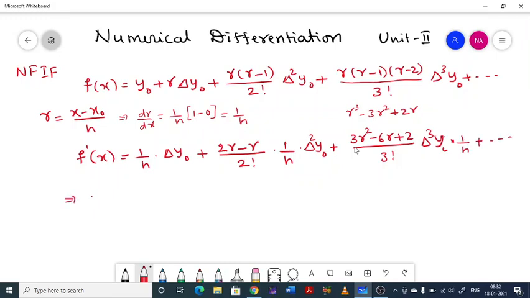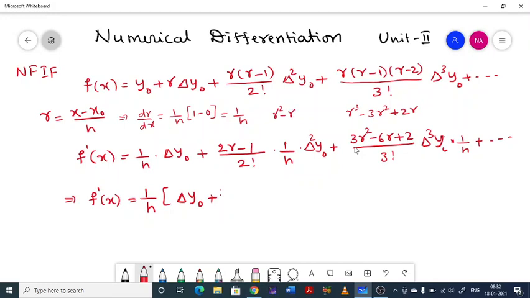Thus you will have f dash of x. Everywhere you have 1 by h, so you can take 1 by h outside: 1 by h times delta y naught plus, this will be 1 actually. Here you have r square minus r; differentiating gives 2r minus 1.